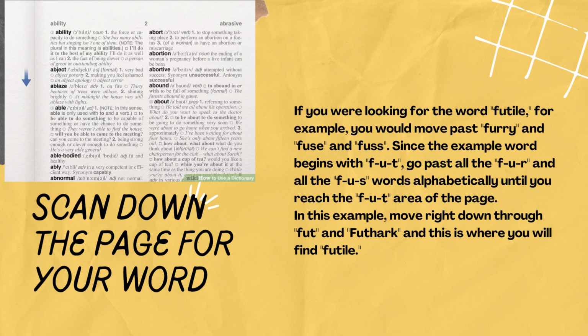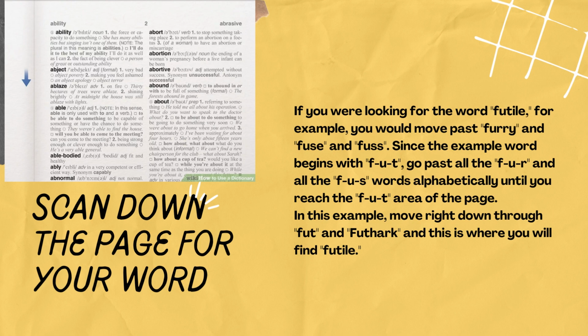Now, you have to scan down the page for your word. If you were looking for the word futile, for example, you would move past fury and fuse and fuss and so on. Since the example word begins with FUT, you go past all the FUR and all the FUS words alphabetically until you reach the FUT area of the page.